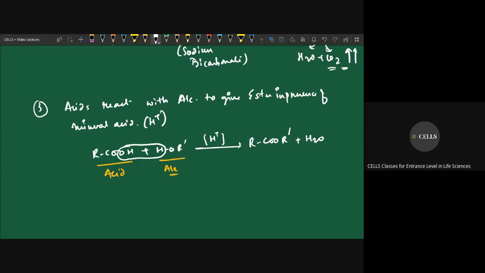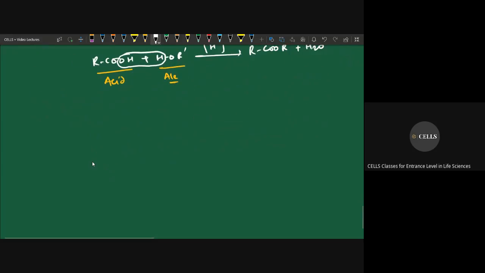Suppose they give you a question like CH3COOH plus HO-18, a radioactive oxygen, suppose. We'll write it as O star H. This is an alcohol.